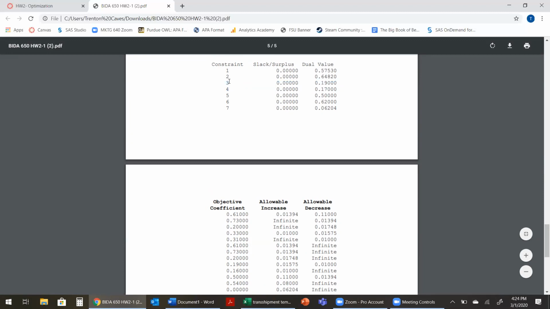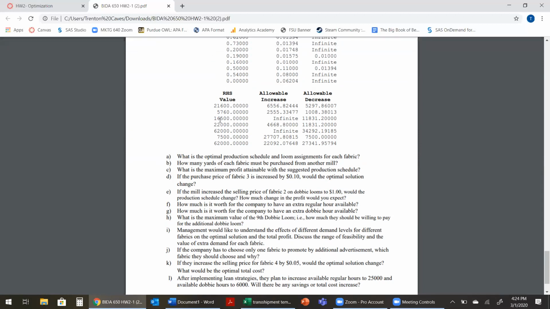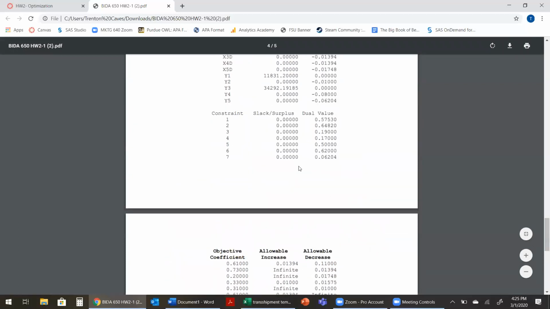So, for example, just looking at the first one, we currently have 16,500 units of fabric 1. If our demand increased, for every additional unit, we would receive 19 cents extra profit.